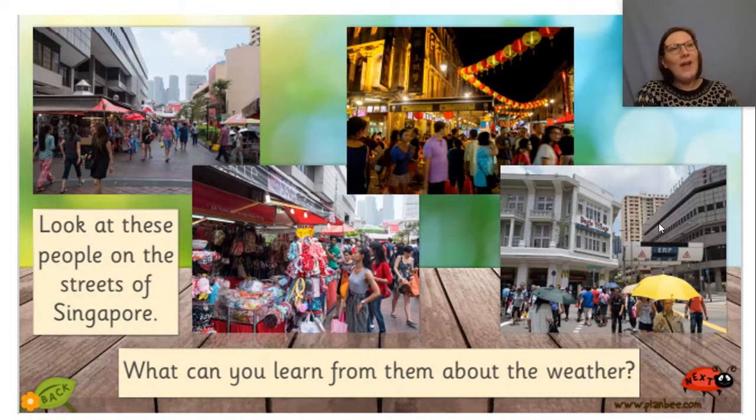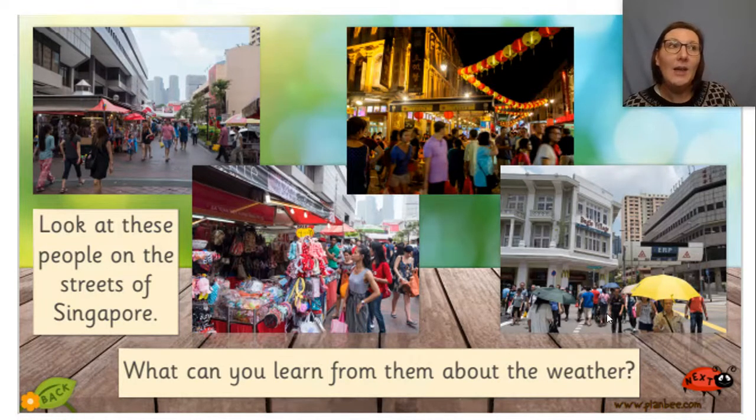Do you think when it rains in Singapore, it's going to be the same as the rain in our country? Now remember, we're quite far away from Singapore. I might think, because if I look at the picture, people are still wearing their t-shirts and their flip-flops, I wonder if it's still very warm, because sometimes you can have rain that is warm and you can have rain that is cold.